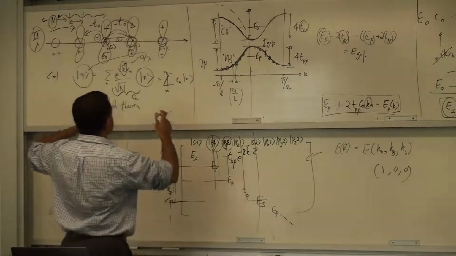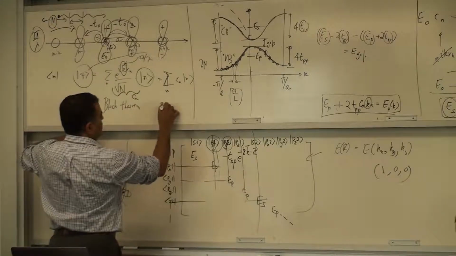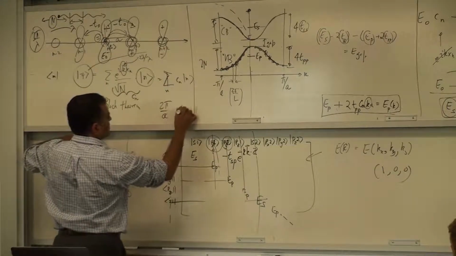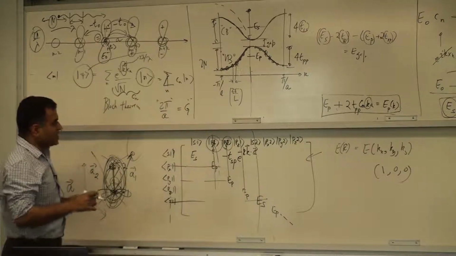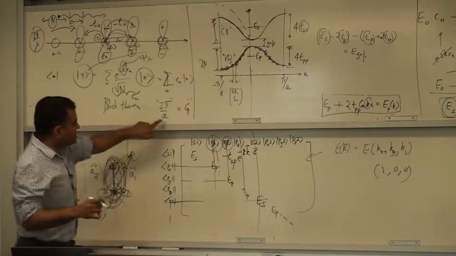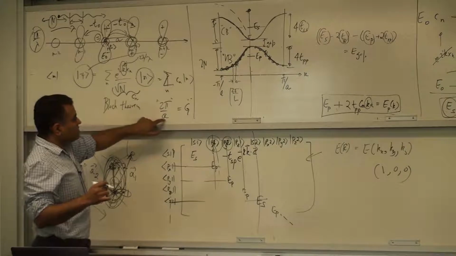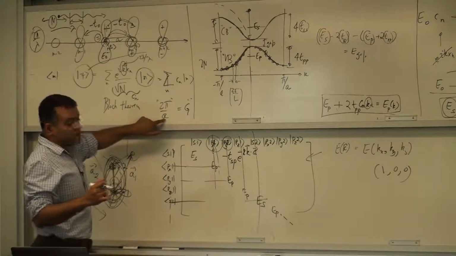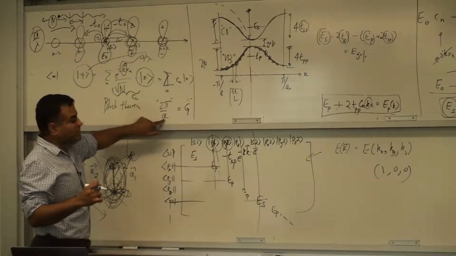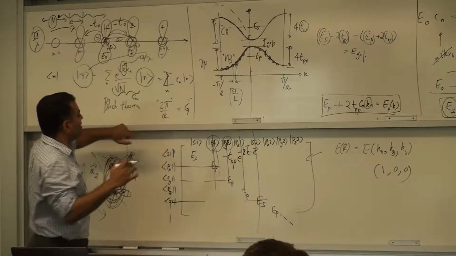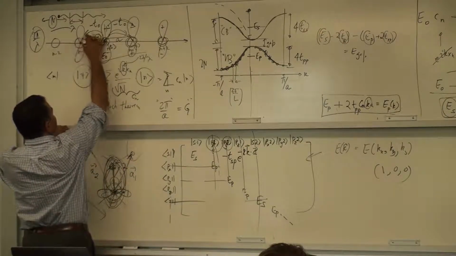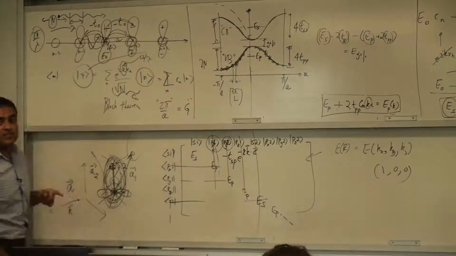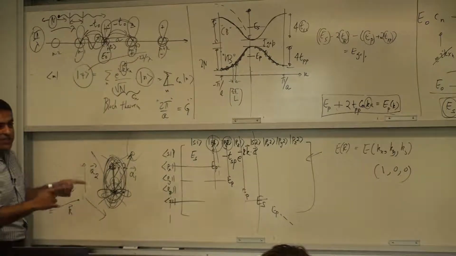If your lattice constant of a crystal is A, then you have what's called the reciprocal lattice vector, right? And every time the electron reaches a wavelength of A or A by 2, so wavelength is this or this or this, it interferes very strongly with the crystal, right?